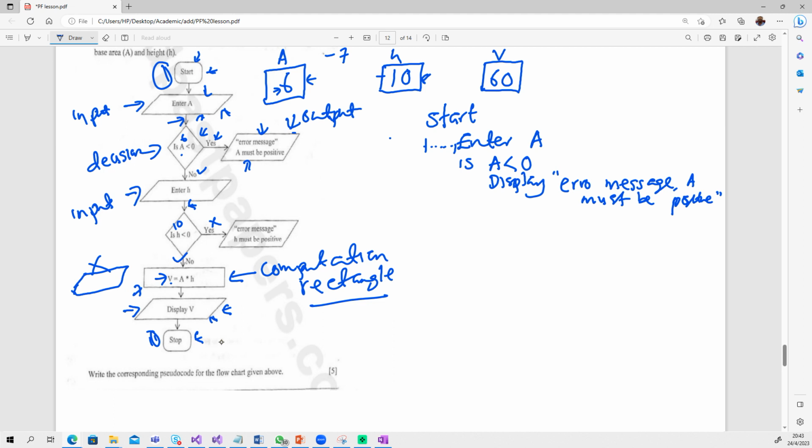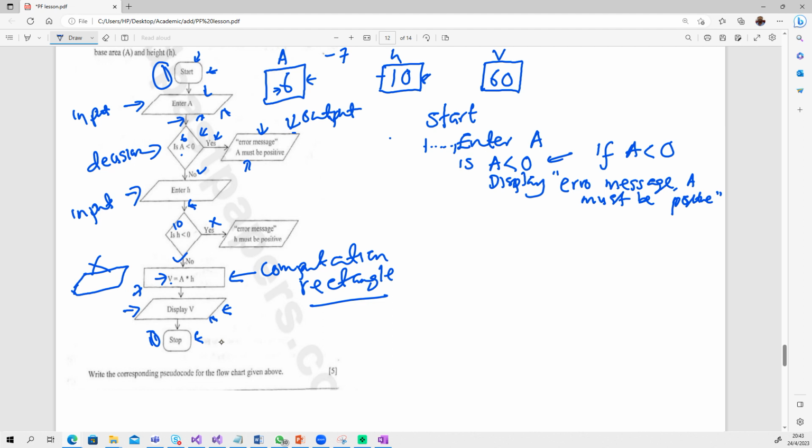Okay, so display this. But more preferable, instead of writing is here, you can also write it as you say if. You say if a is less than 0. This is a more preferred way than this. So if a is less than 0, you do this.